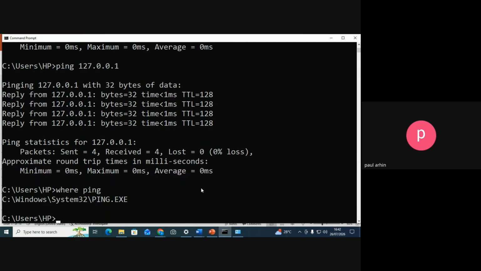See, my ping here is in the Windows System32 ping.exe. That's where it is found. If you find it like this, you can copy that whole path and maybe type it into a folder you have opened. If it works, you can run it directly.